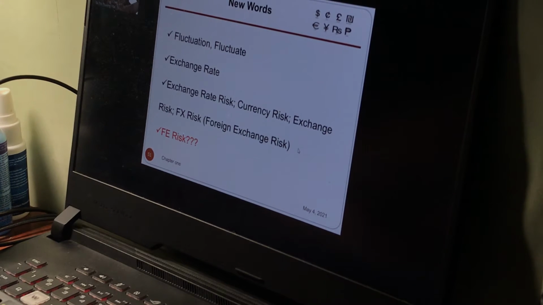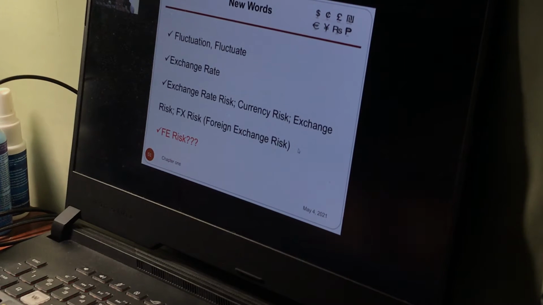You should write down the meaning of terms in Vietnamese, because in the final exam, we have some kind of question, for example, what are they in Vietnamese? Okay, exchange rate, tỷ giá hối đoái.